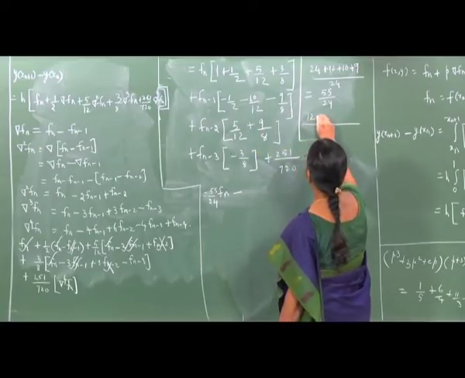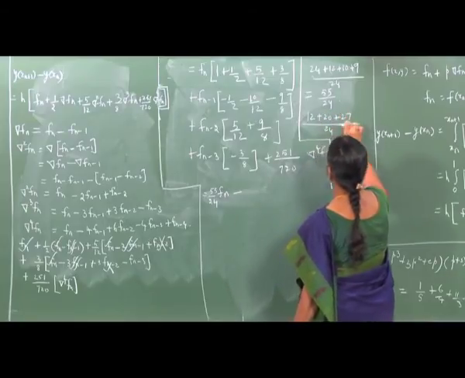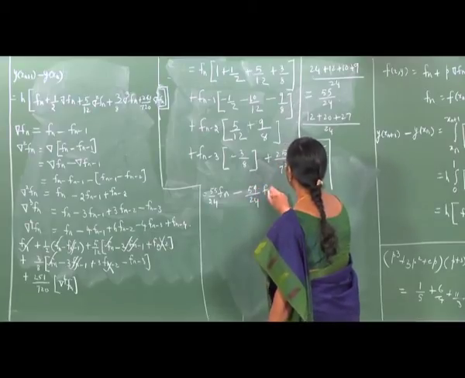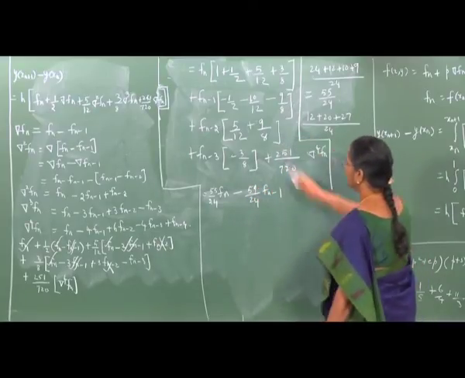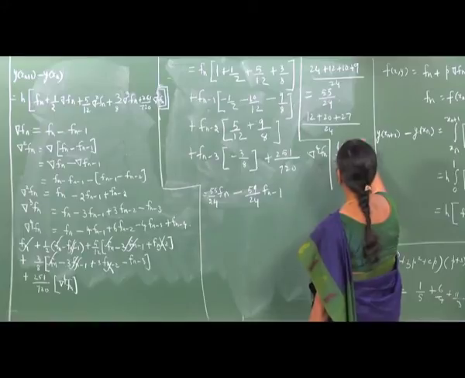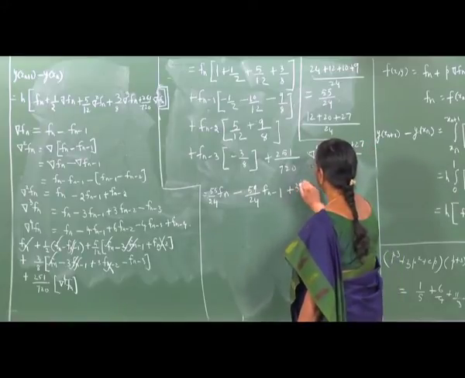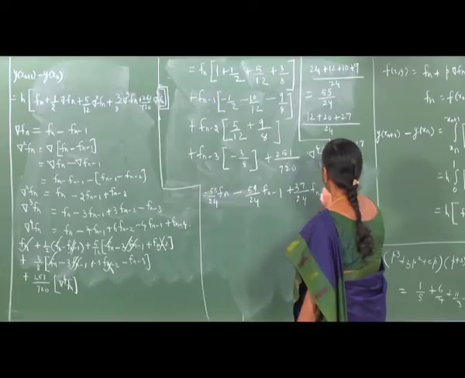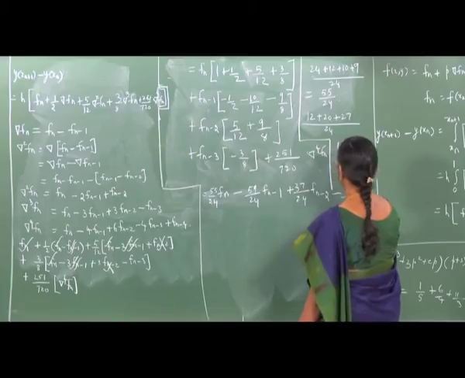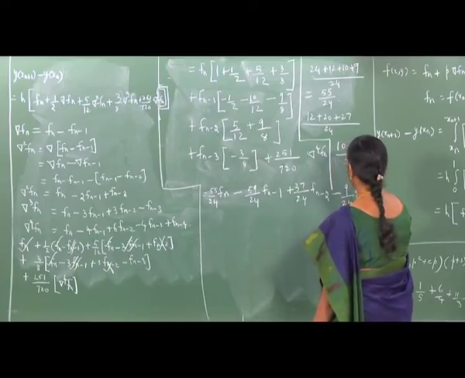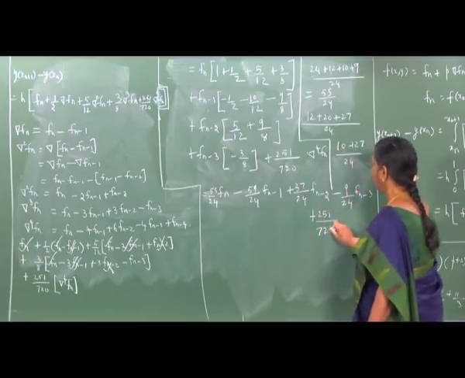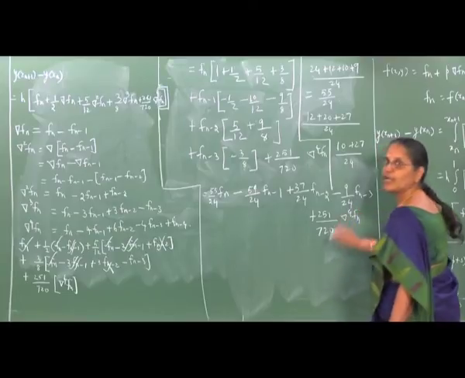So, I have 12 plus 20 plus 27, 47, 49, so 59 by 24 into Fn minus 1. Then this term again 24, so 10, 27, so plus 37 by 24 Fn minus 2. And then if I take 24 here, then it will become 9 by 24 Fn minus 3, and then the last term 251 by 720 into del power 4 Fn.